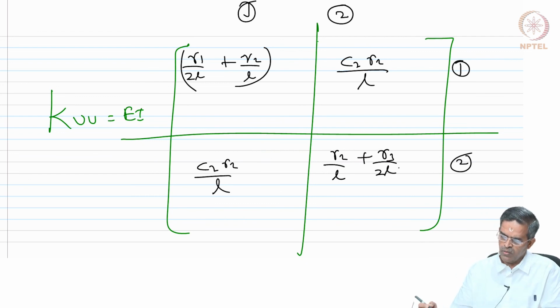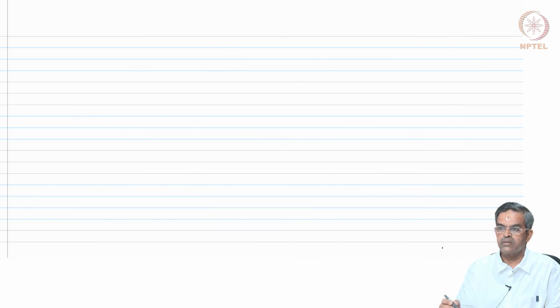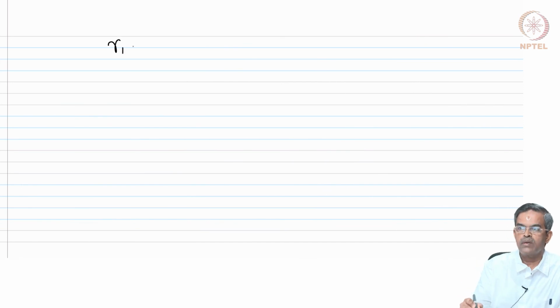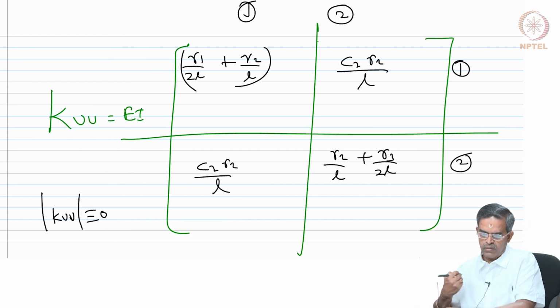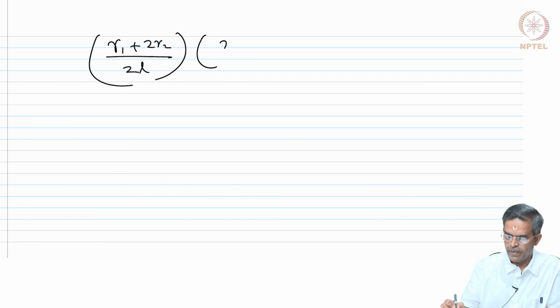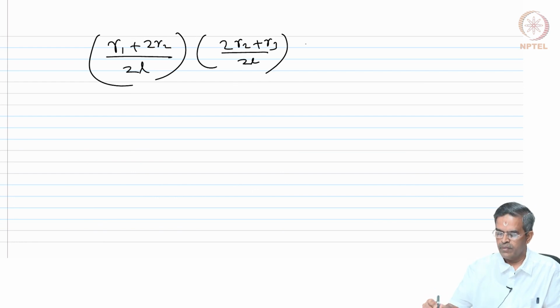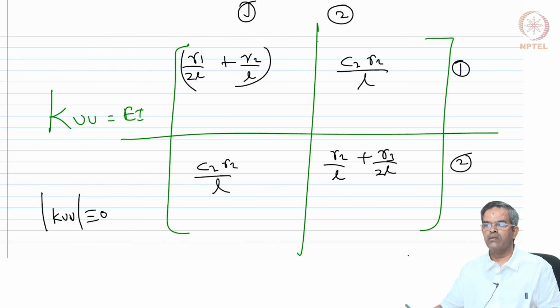Okay. So, now let us set this determinant to 0. So, I can write that it is going to be R1 plus 2R2 by 2L into 2R2 plus R3 by 2L should be equal to C2 R2 by L the whole square, right.